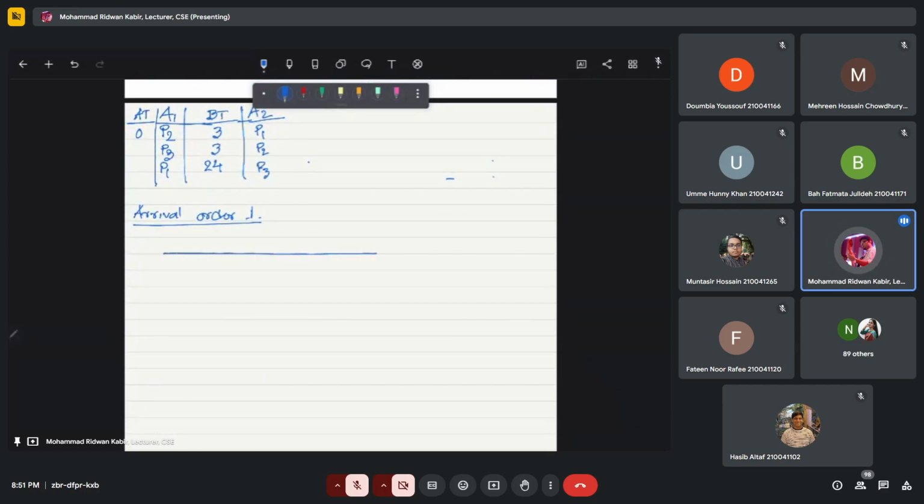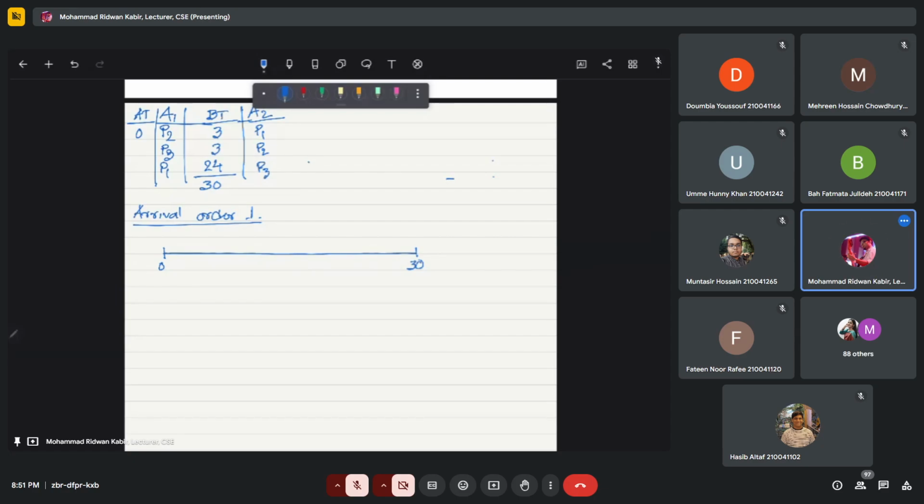Every timeline diagram, for the sake of simplicity, will start with 0, and the last tick on your timeline diagram will match exactly the sum of these values. So what is the sum of these three values? 30, right? So the first tick will always be 0, and the last tick will always be the sum of the burst times of the processes given to you in the process table.